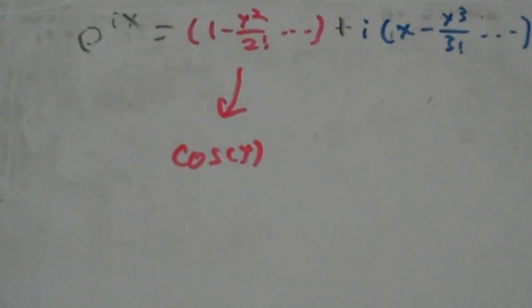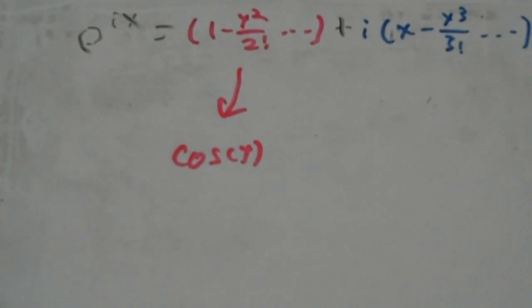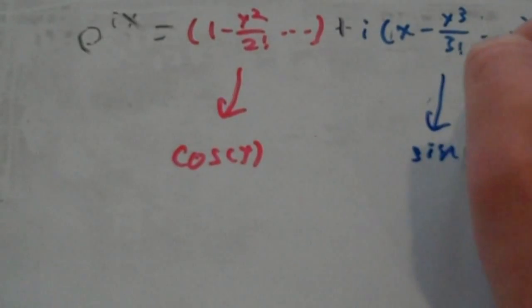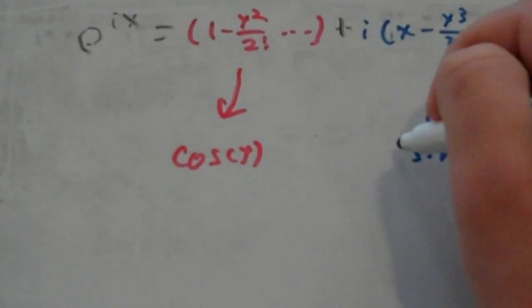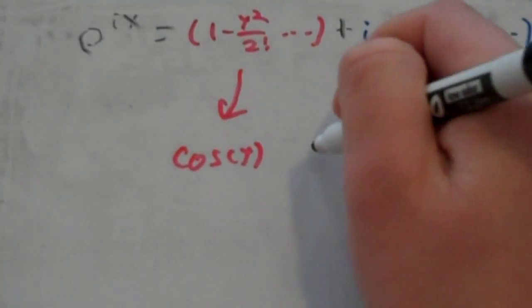And you may also notice that the other expansion here of x minus x to the 3rd over 3 factorial, continuing on to plus x to the 5th over 5 factorial, minus x to the 7th over 7 factorial, and then on to infinity, looks a lot like sine of x. And we have to multiply it by i. And the reason it looks a lot like those is because it is those.